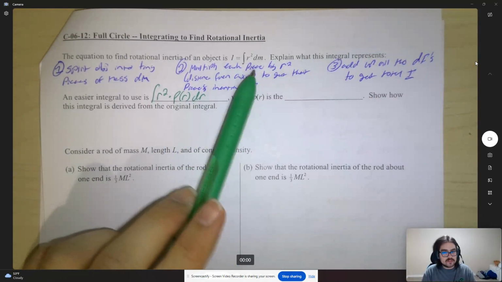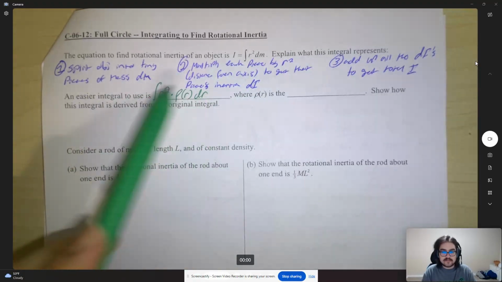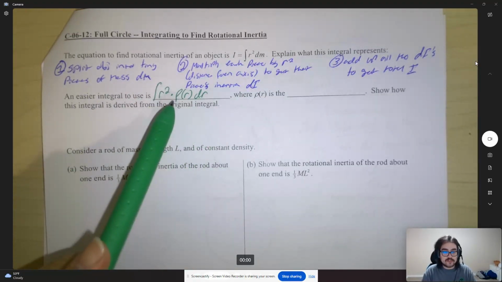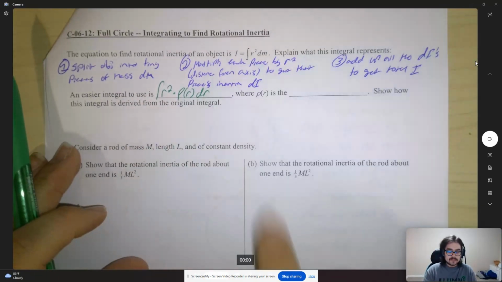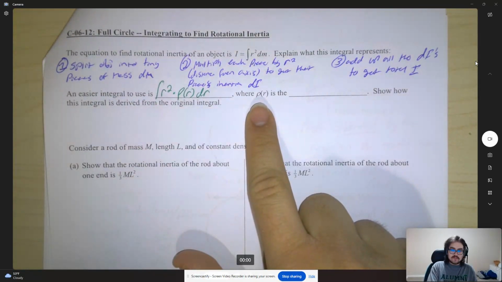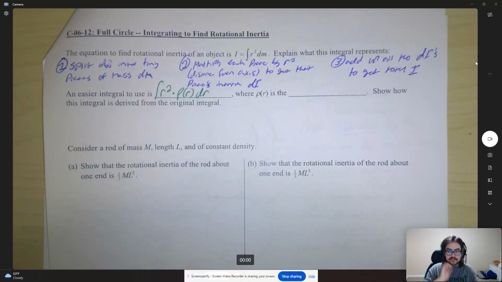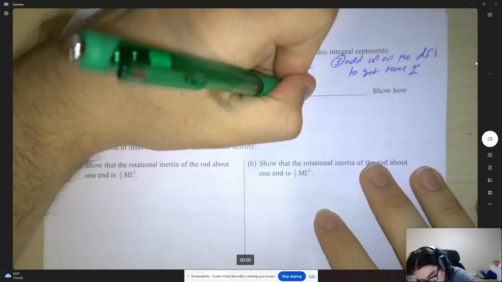So you might as well just remember this one. This is not provided, but you should remember it. Rho of r is what we call the linear density.